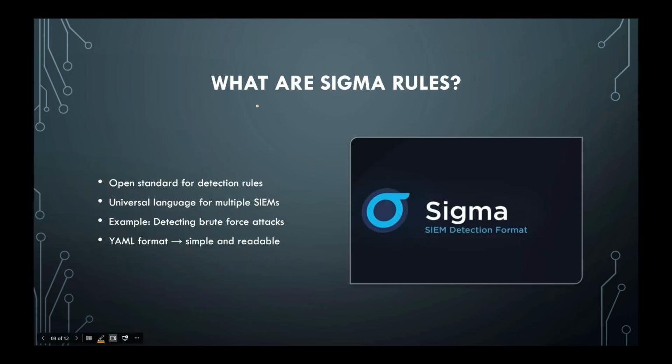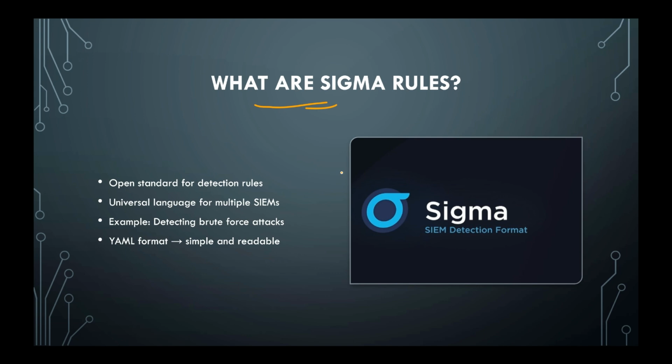All right. So, what are Sigma rules? Before we get into the nitty gritty, let's break it down. Sigma is an open standard for writing detection rules. It is like a universal language for writing rules that can be interpreted and executed by multiple SIEMs, log management systems, and other security tools. Imagine you're building an alert for a brute force attack on a server.